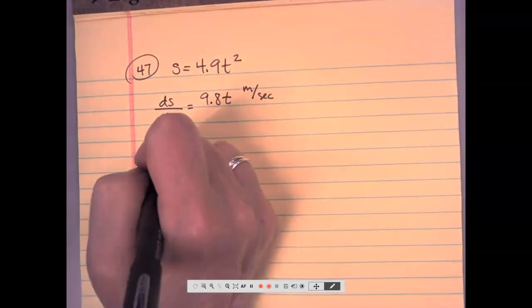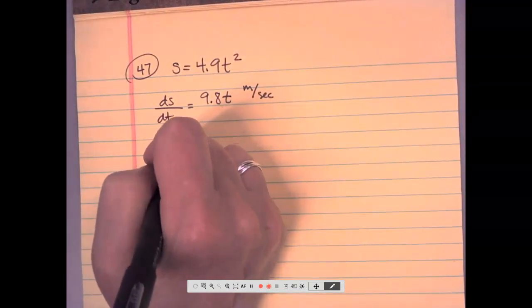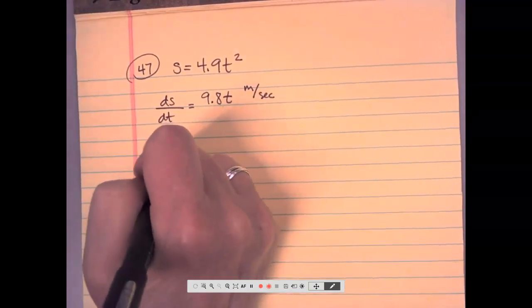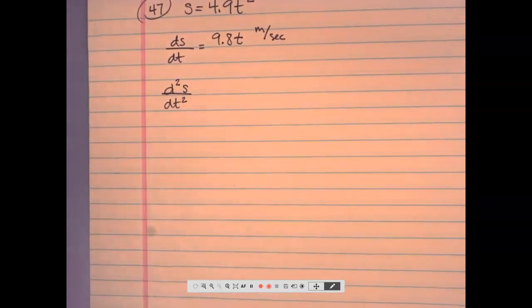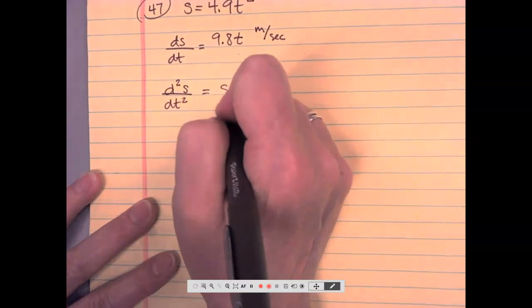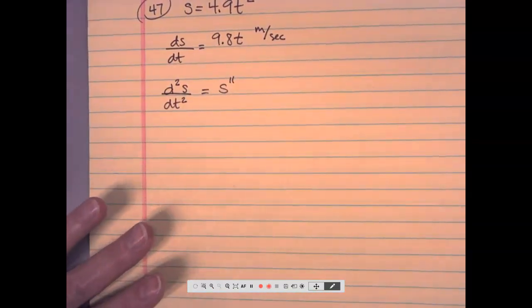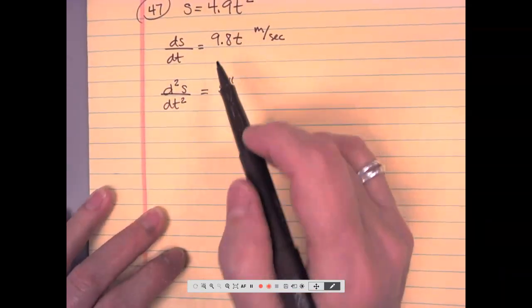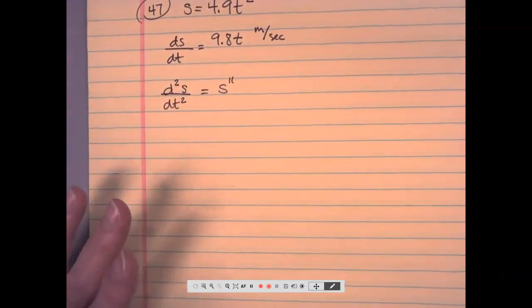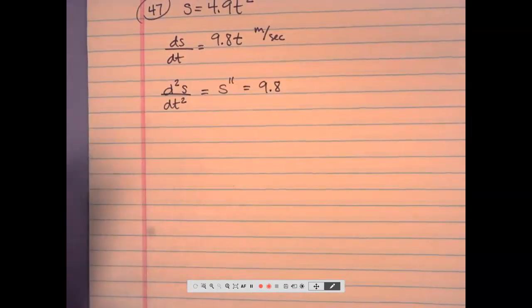And then it says find d²s/dt². Okay, remember I said even though those look like squares, they're not. That means what? Second derivative. So I could also write this as s double prime, second derivative of s. Okay, so if I took the derivative of 9.8t, what would that be? 9.8. What would the units be?